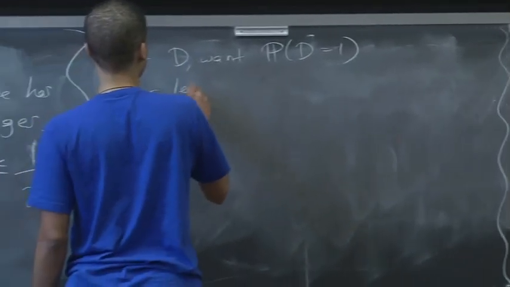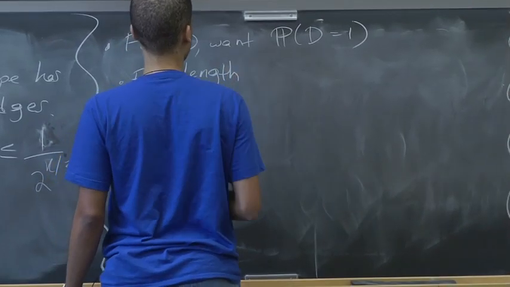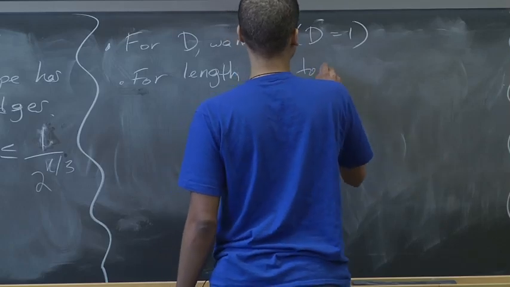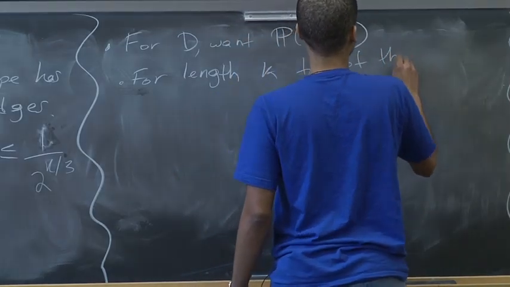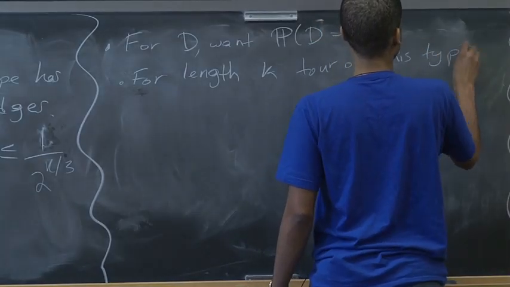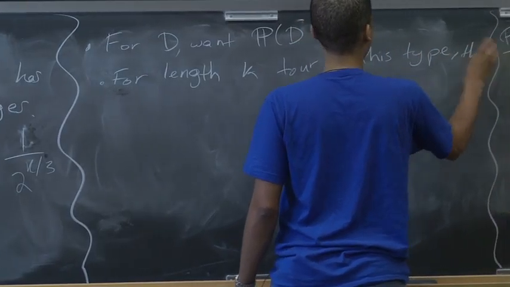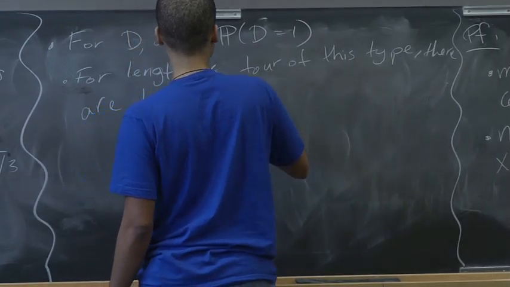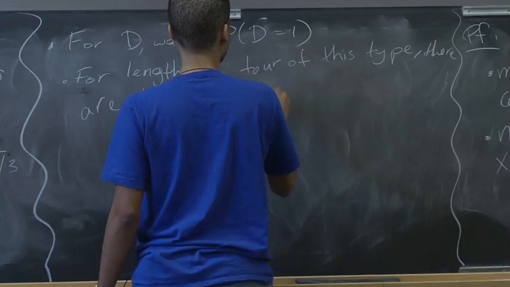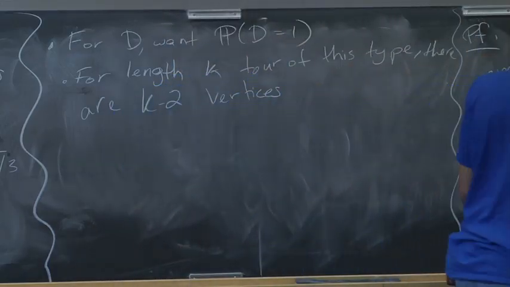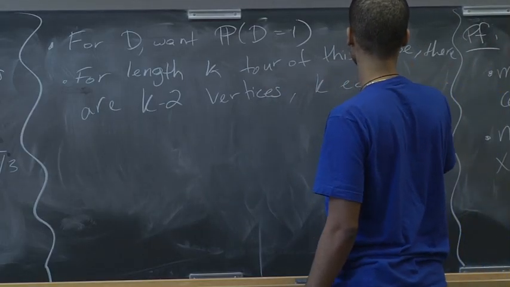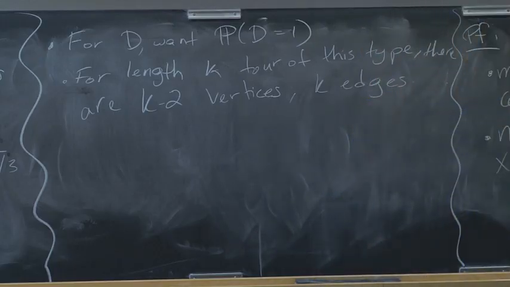So for a length k tour of this type, there are k minus 2 vertices. And by length k tour, I mean there are k edges. Okay.